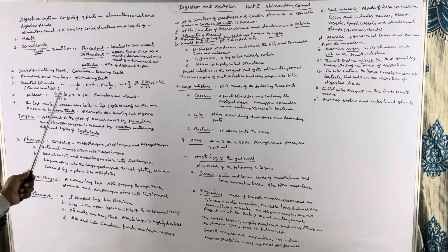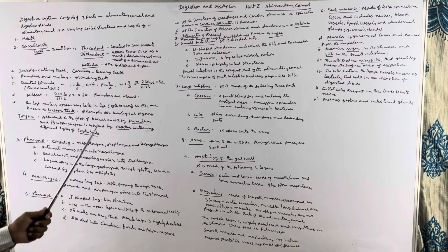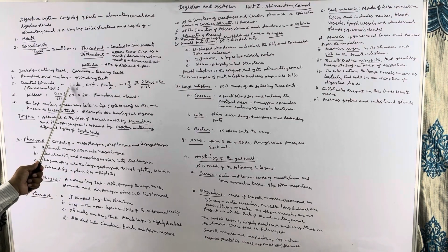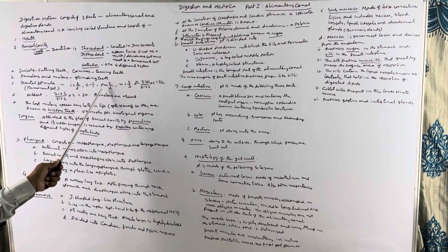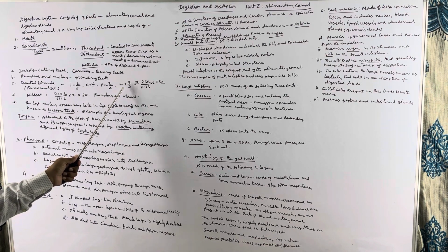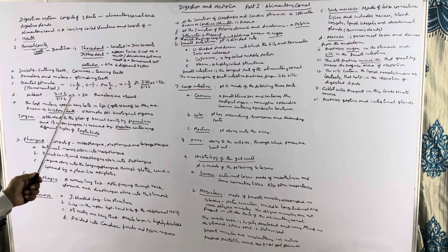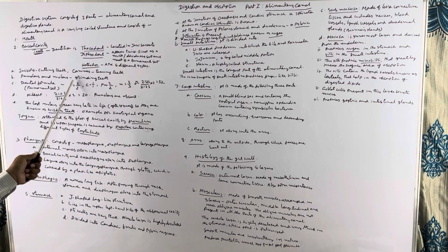Then we have studied about dental formula. Here I means incisors, C means canines, PM means premolars, M means molars. This formula applies to half of the jaw. Incisors on the upper jaw 2, lower jaw 2.